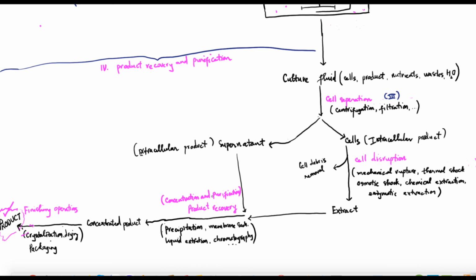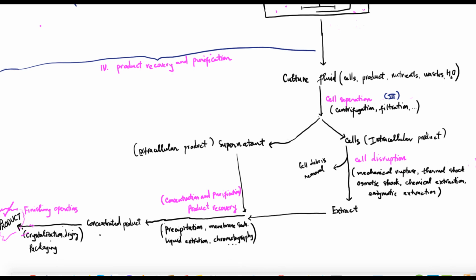So after this step, we get a purified and concentrated product, right? Which may contain a certain amount of water or solvents, depending on what method we use over here.